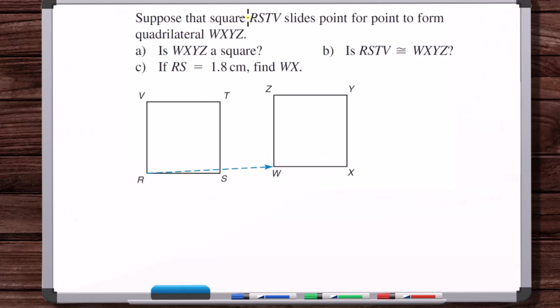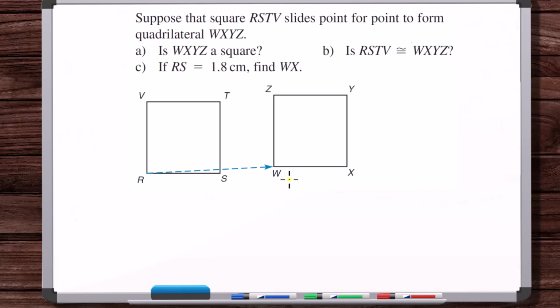Okay, suppose that square RSTV slides point for point to form quadrilateral WXYZ. So it's this rigid body slide movement, and we can visually see what the corresponding points are. R corresponds to W, S corresponds to X, because we can see what the slide is, and this is pretty simple in this case.